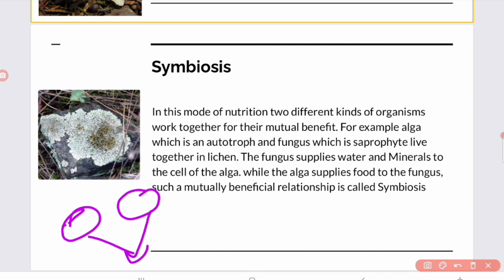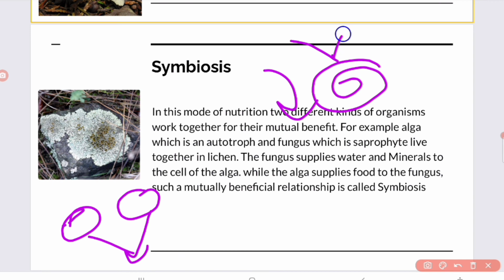Like your mother and father do: the father brings the resources and the mother cooks them and supplies them to all the family. That's how the symbiotic relation works. One organism will bring the food resources and the other will cook it, and both of them will enjoy the food. So this is known as symbiosis.